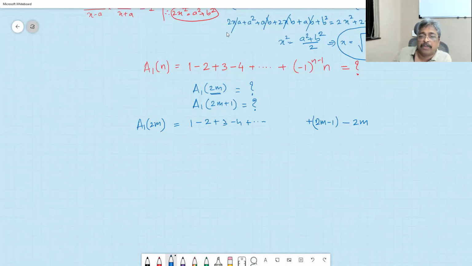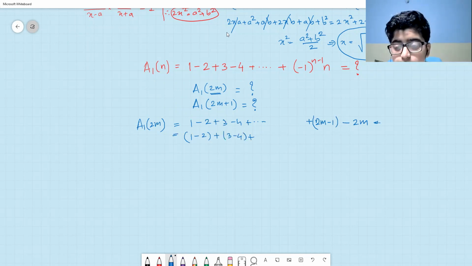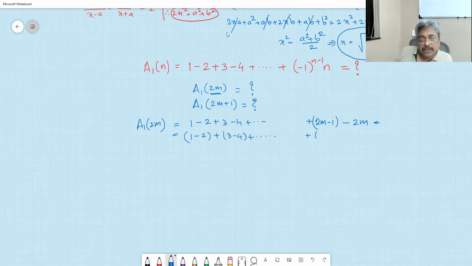There are 2m numbers. Now the simplest way is to bracket them: 1 minus 2, plus 3 minus 4, plus dot dot dot plus 2m minus 1, minus 2m.